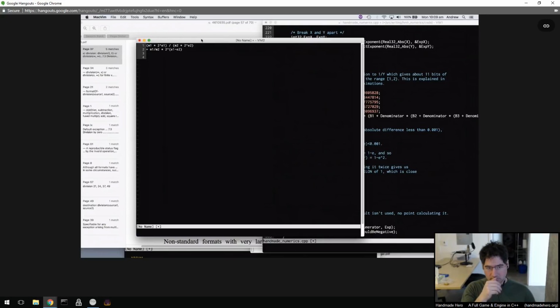Once again, reduction. We're doing it so that now we only have to deal with numbers in the range from 1 to 2. Everything else is taken care of by this exponent extraction. So that's the first step.